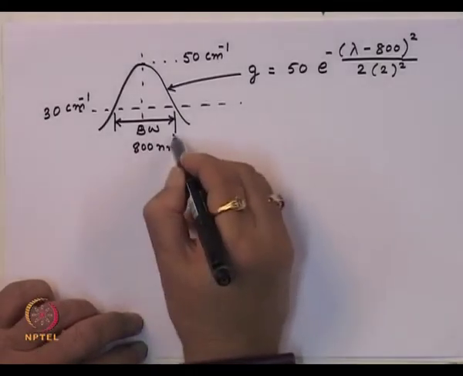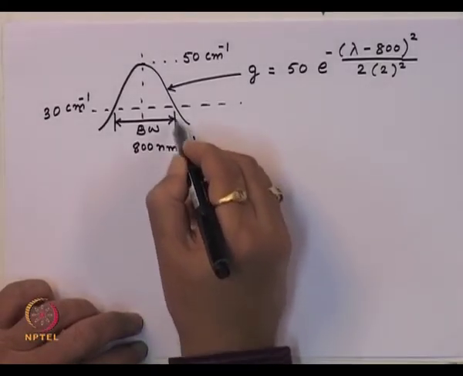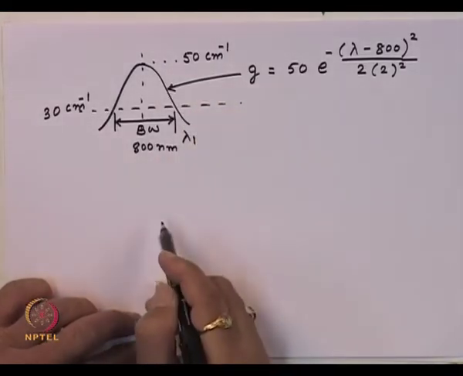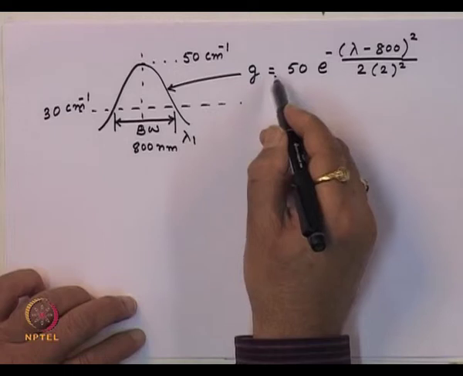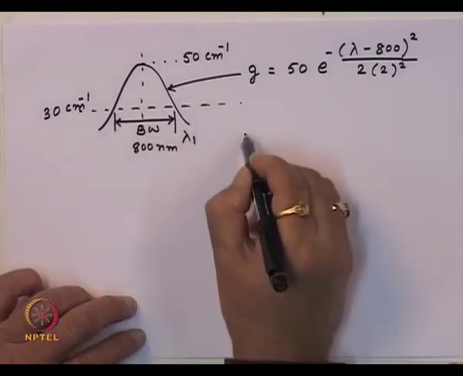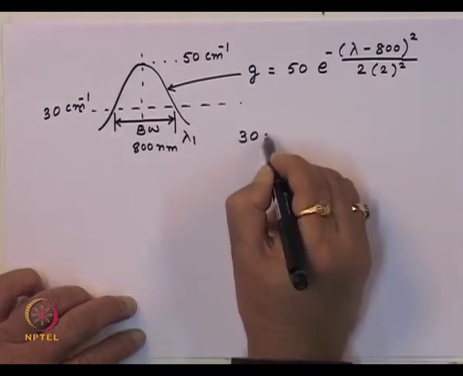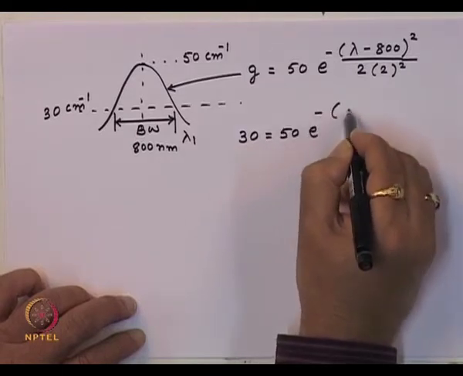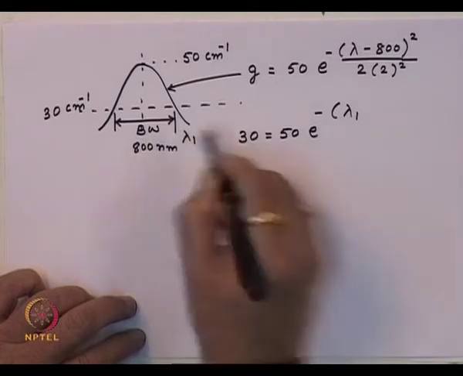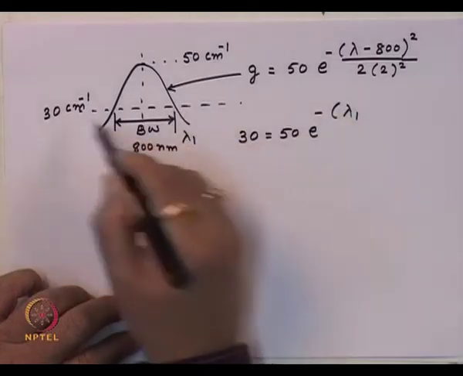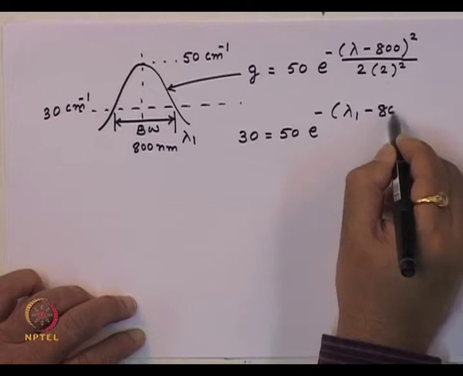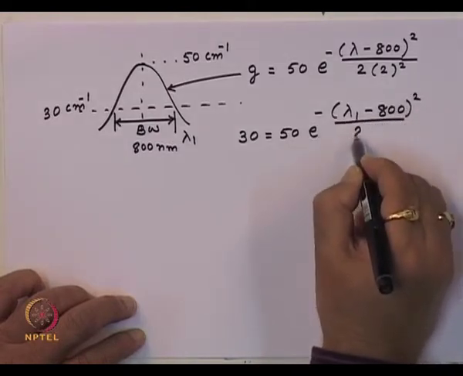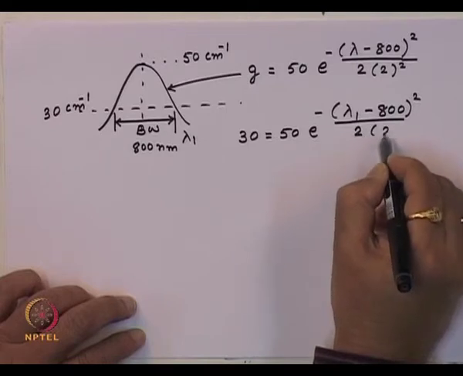So, we can ask what is this wavelength here? Let us say this wavelength is lambda 1, at which the gain equals the loss. So, substituting G equal to 30, we get 30 equals 50 e to the power minus (lambda 1, because that is the wavelength at which the gain becomes 30, minus 800) whole square divided by 2 sigma square.